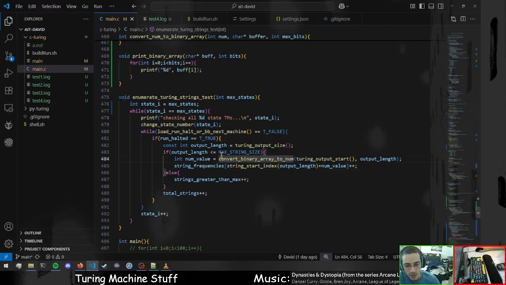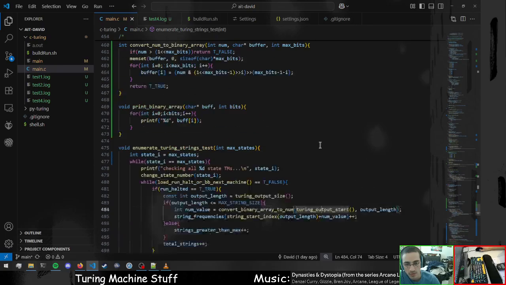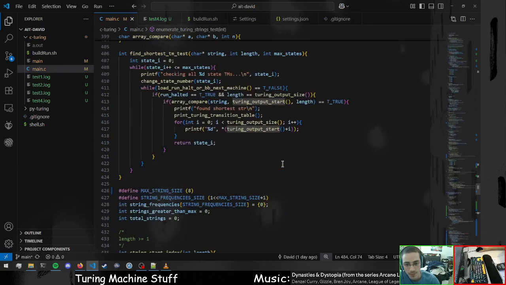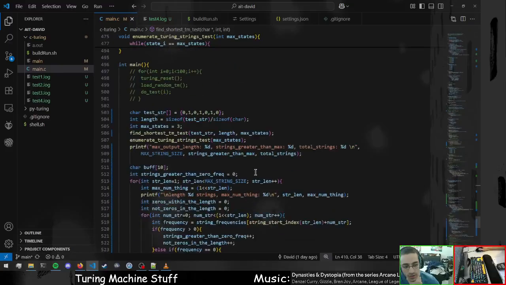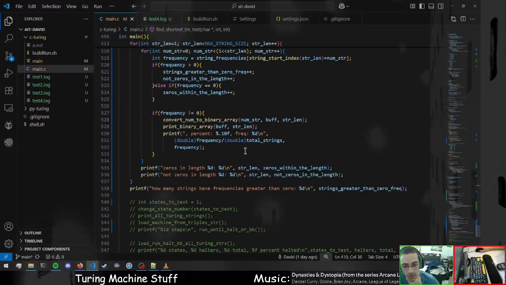Yeah, so right here, I just use Turing output start. And so this is the common denominator. I think what's not working is the Turing machine itself. My only problem is how do I debug this?